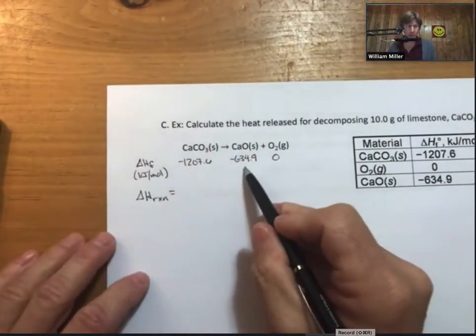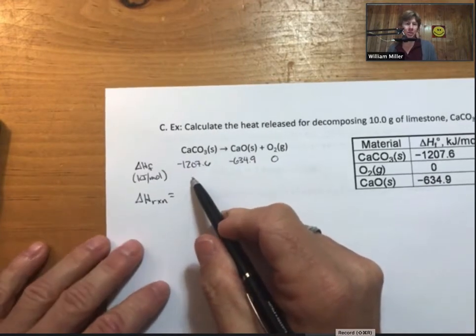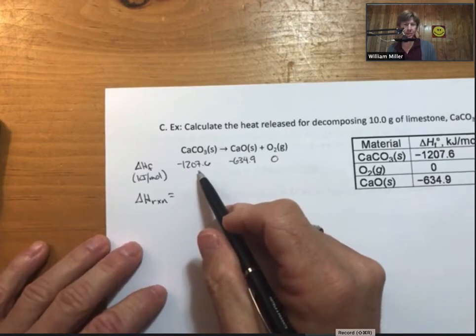That's going to be products minus reactants, accounting for coefficients, which are all 1s in this problem.